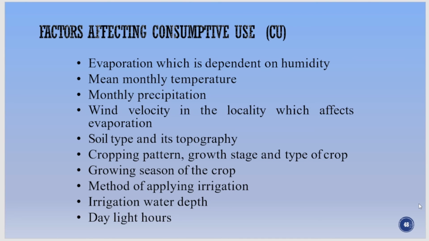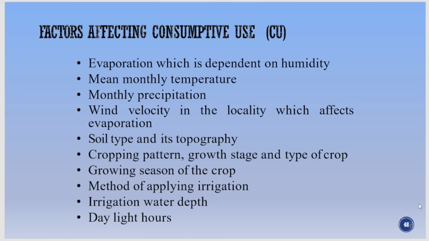Now, what are the factors affecting consumptive use? The first is evaporation, which is basically dependent on temperature. Then, how much precipitation is taking place? If there is more precipitation or a uniform supply of water from rainfall, he will use less water from irrigation, so the consumptive use will reduce, because basically we are applying artificial water.